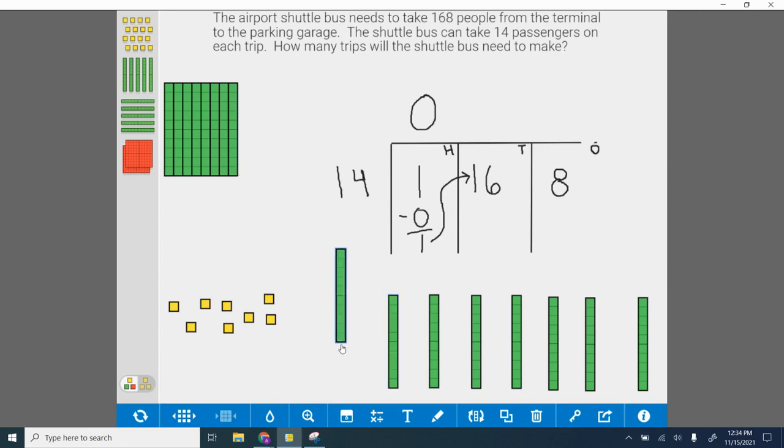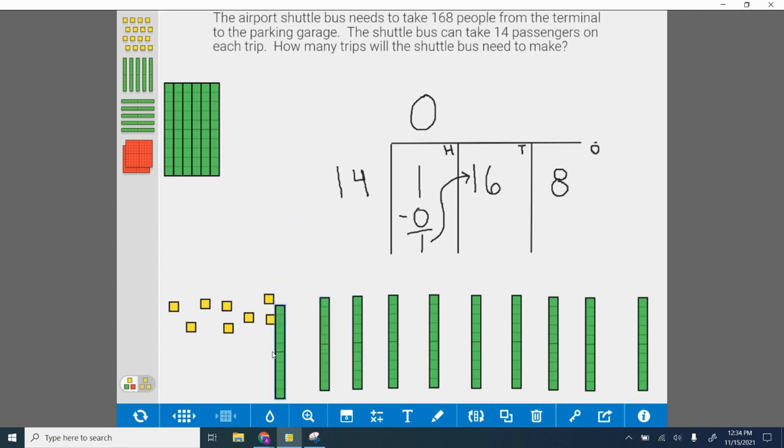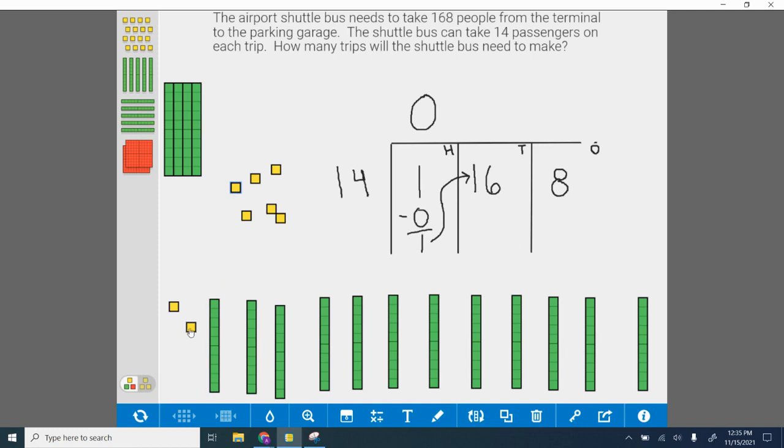7, 8, 9, 10, 11, 12, 13, 14. I had enough to place 1 ten in each of the 14 groups.